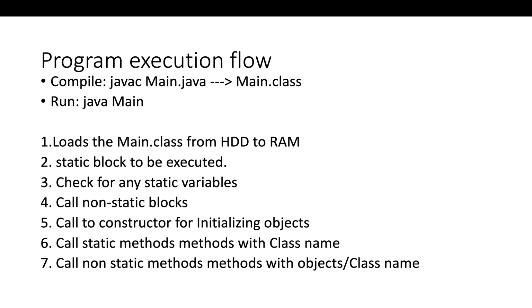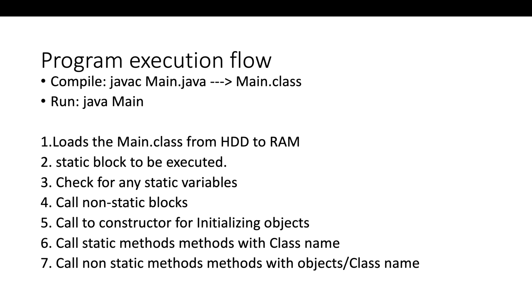So what will happen behind the scenes whenever you are loading a .class file? First of all, whenever you are compiling a Java file, the Java file resides in your hard disk, and when you compile the .java file, the .class file is created and also resides in the hard disk.